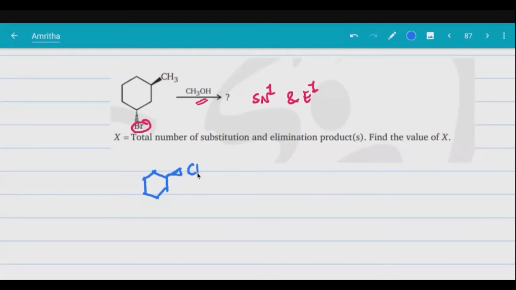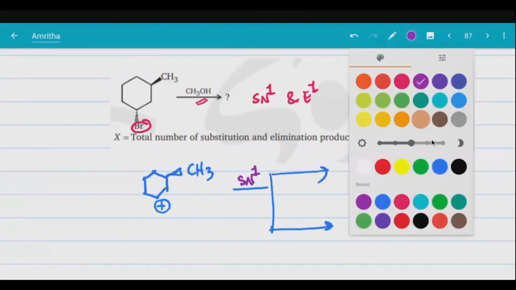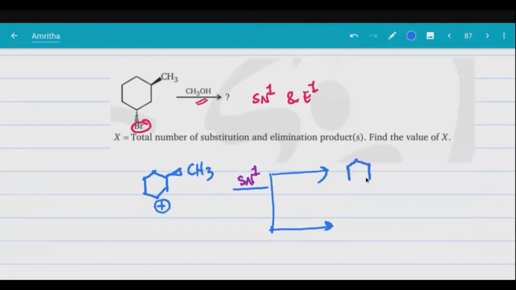This will give carbocation first. So I will write two products with substitution, SN1 mechanism. Let me write those products first. There is CH3. There is CH3.